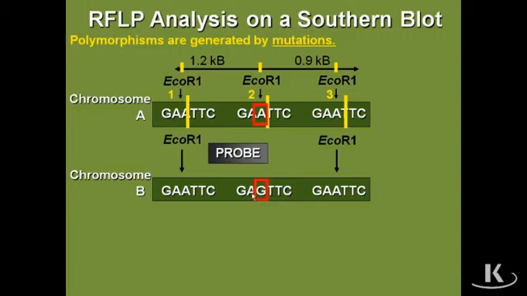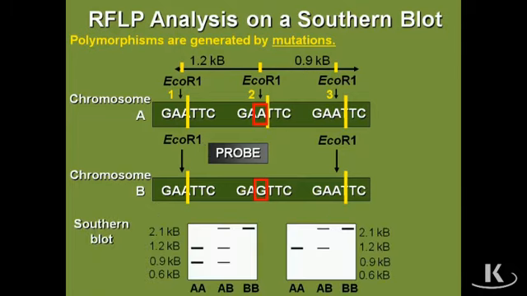Well, absolutely not. This is no longer a palindrome. So when EcoR1 sees this, it's going to cleave it not into 3, but just into one big fragment. It's not going to cleave it 3 times. It's just going to cleave it twice, giving one big fragment. Now, if you add 0.9 to 1.2, it's going to be approximately 2.1 kilobases in size.